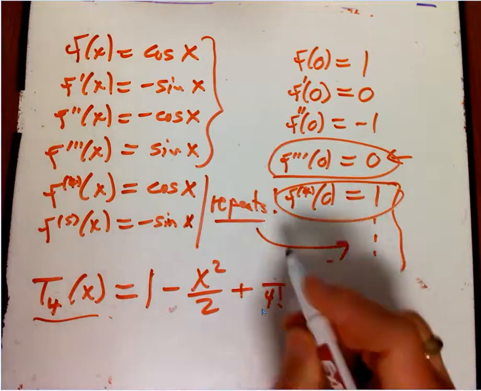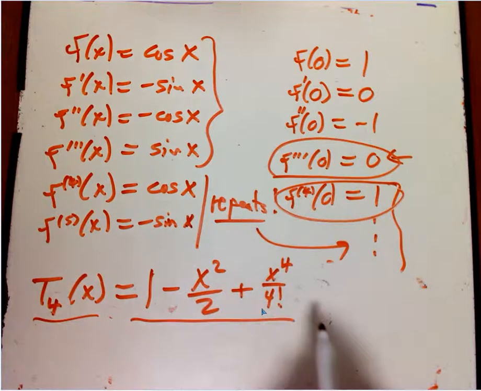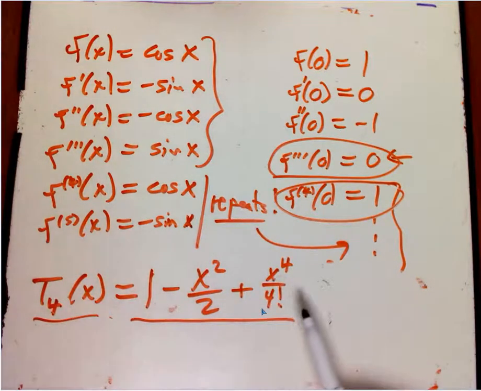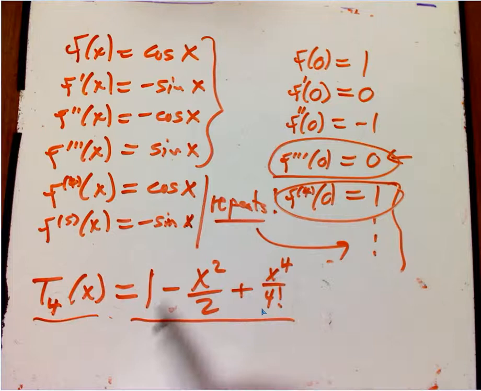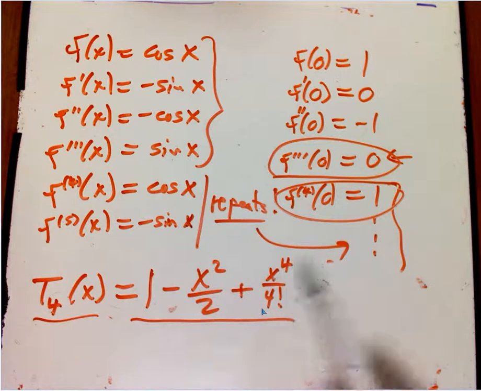Let me put it up here. x to the 4th over 4 factorial. So that finally, okay, now we're really adjusting this and making it better. Adding a cubic was a bad idea. There was no need to do that. But adding a quartic term, a 4th degree term, is going to be a good idea.